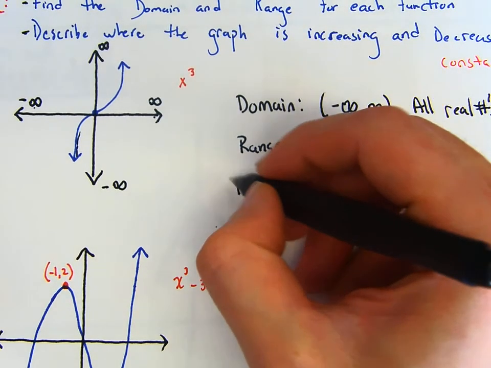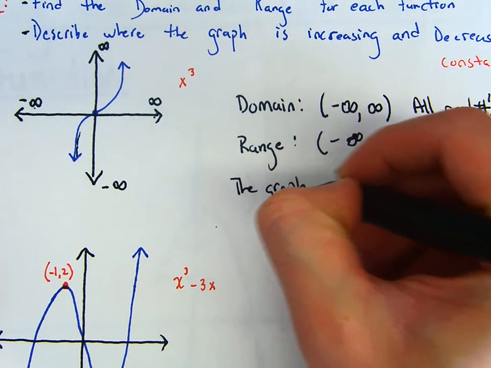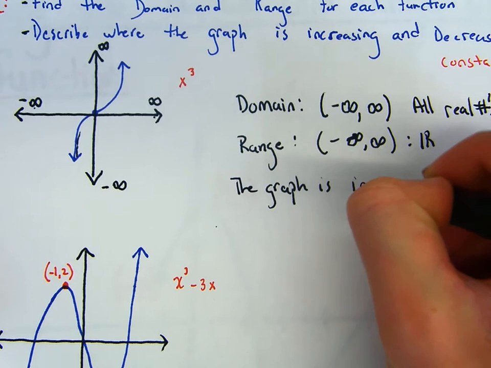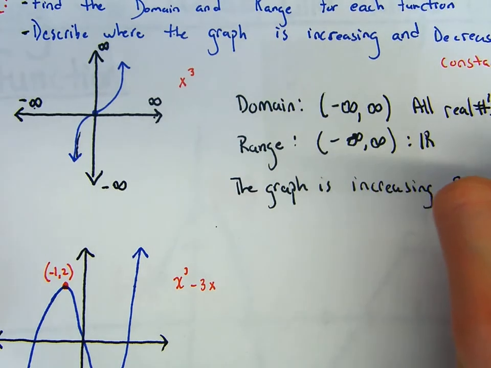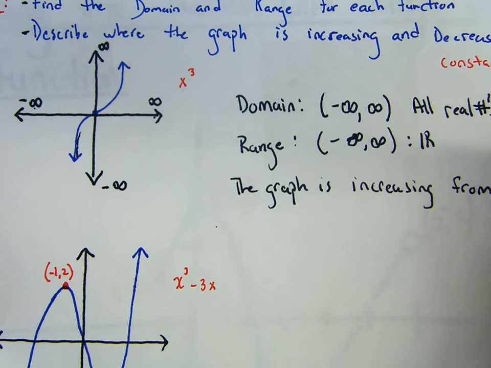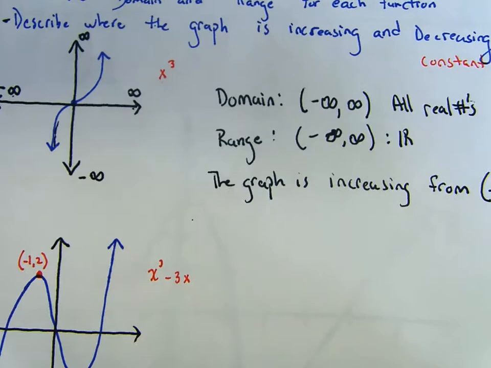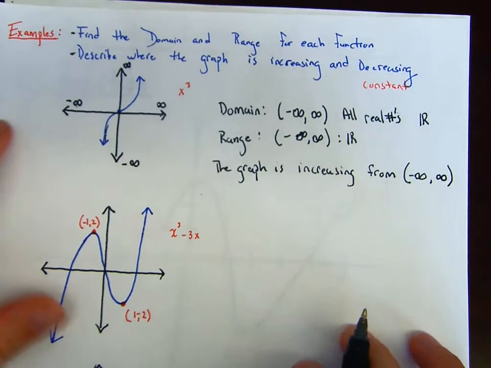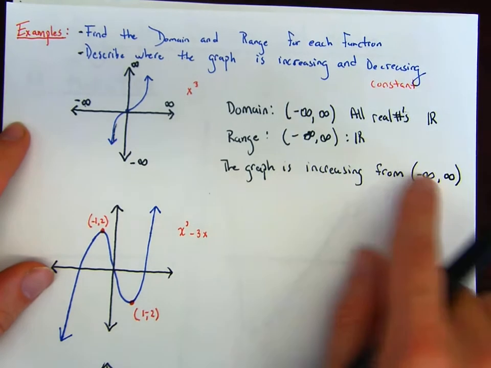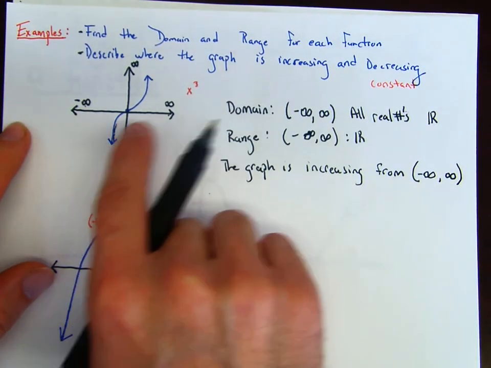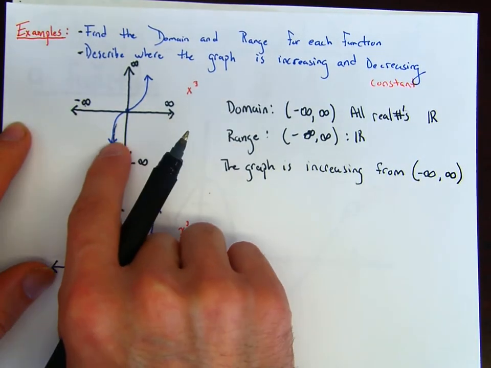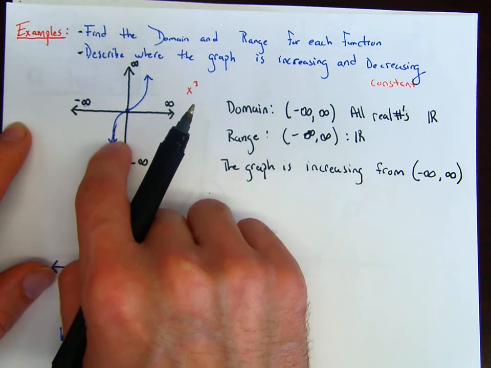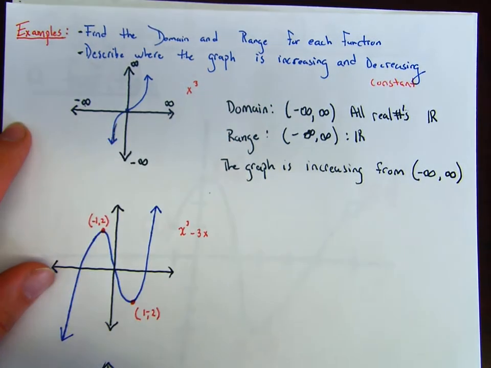So the graph is increasing from negative infinity to positive infinity. Oh, sorry, the visual. The graph is increasing from negative infinity to positive infinity, because here my f of x values are here, and they're constantly increasing.